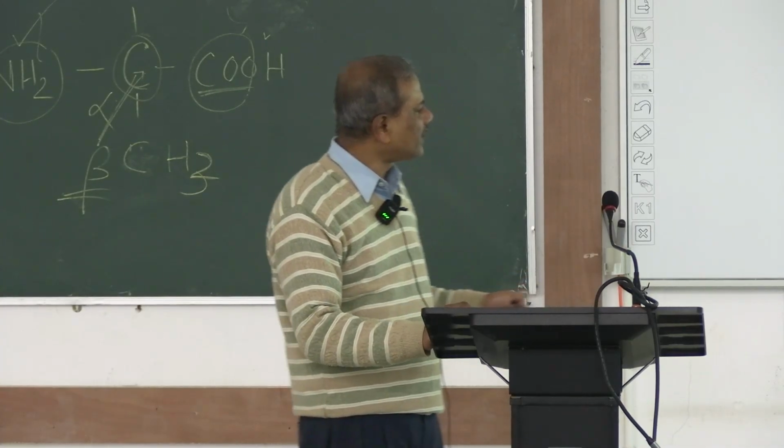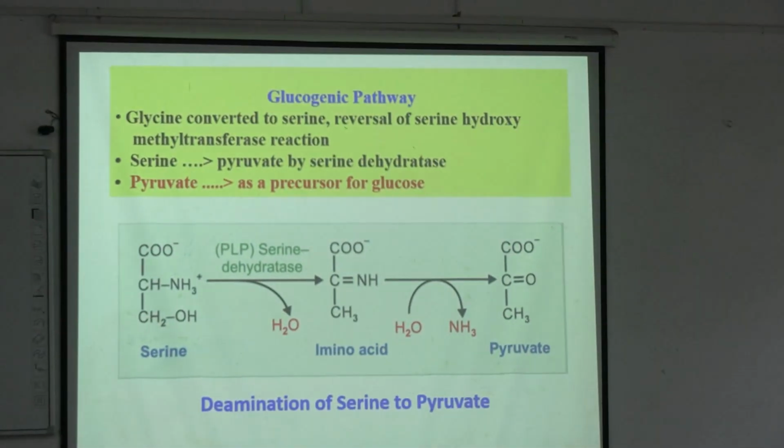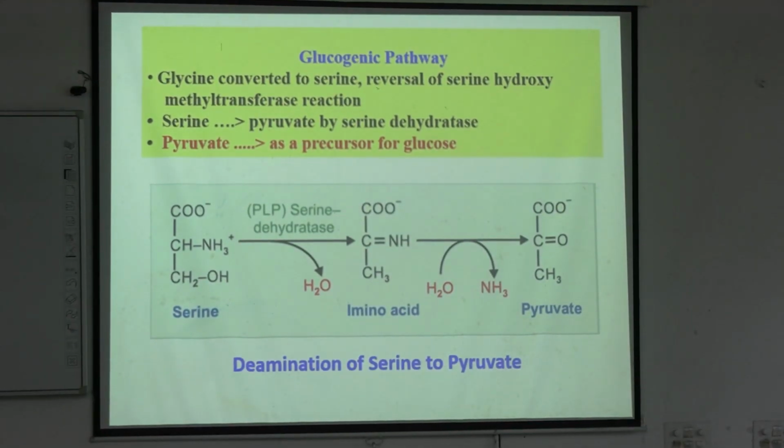Now, glucogenic pathway, as I told you, it does not contribute directly to glucose, but through serine. So, glycine is converted to serine, as I told you. The serine hydroxymethyl transferase is a reversible reaction. So, glycine is converted to serine, and then serine to pyruvate by serine dehydratase, an amino acid, and then it undergoes further conversion to pyruvate.